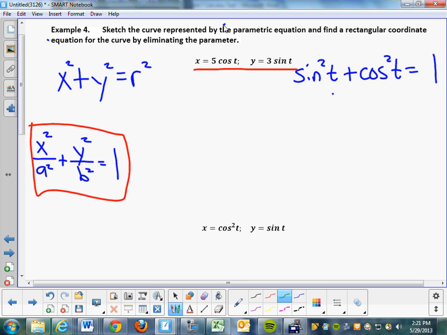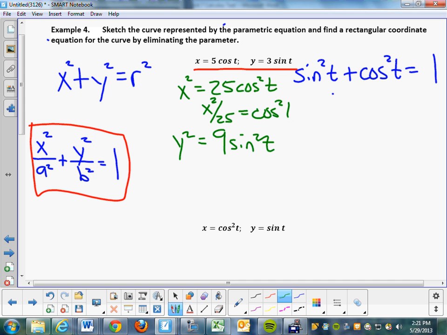So I'm going to square both sides. x squared equals 25 cosine squared of t, and y squared equals 9 sine squared of t. So now I have a cosine squared, don't I? If I divide by 25, I have x squared over 25 is equal to cosine squared. If I divide by 9, I get y squared over 9 is equal to sine squared of t.